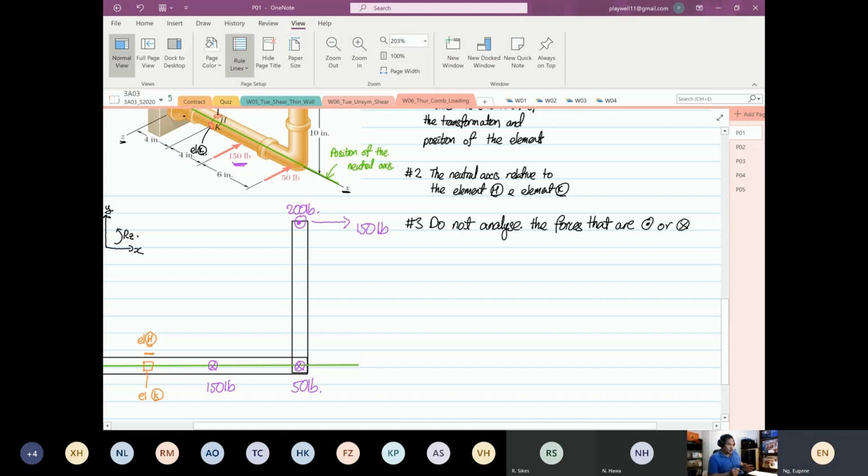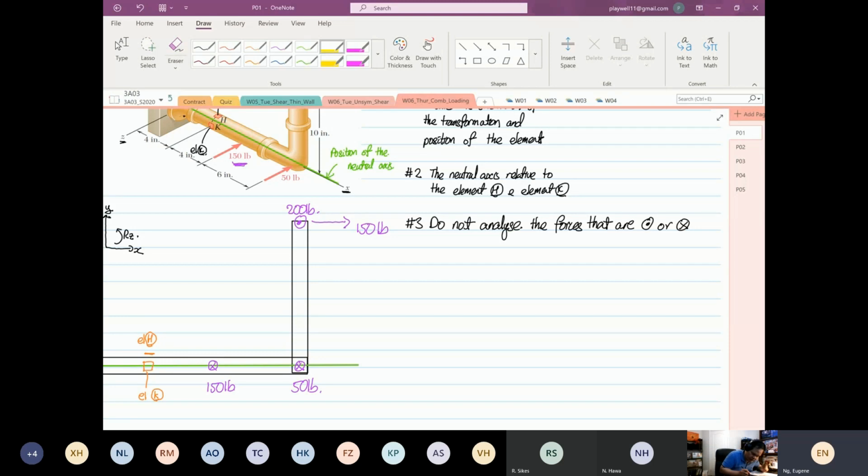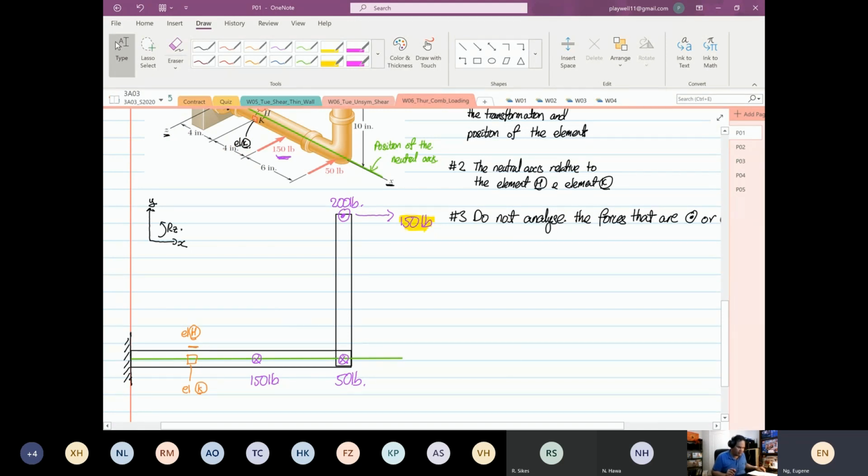Those that you have drawn as dot or cross, don't analyze them. By looking at this view, we only have to analyze for this view. We only have to analyze the 150 pounds.